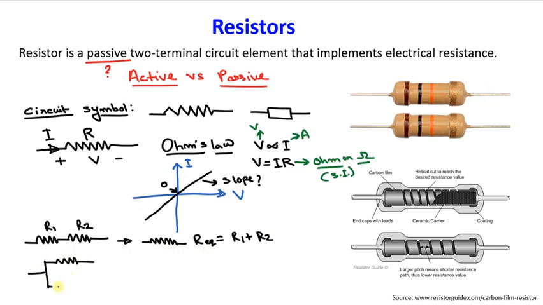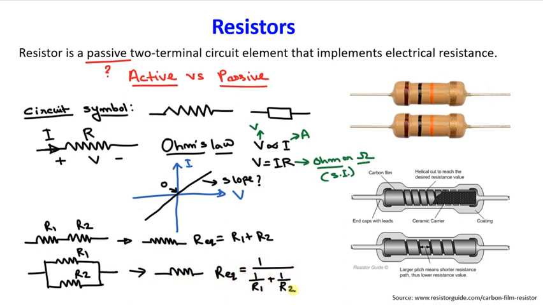And if these two resistances are connected in parallel, R1 and R2 connected in parallel, then their equivalent resistance is given by 1 by R1 plus 1 by R2. The other term you are more familiar with is R1 R2 by R1 plus R2, right? So this is the equivalent resistance for series and parallel combinations. You know that.